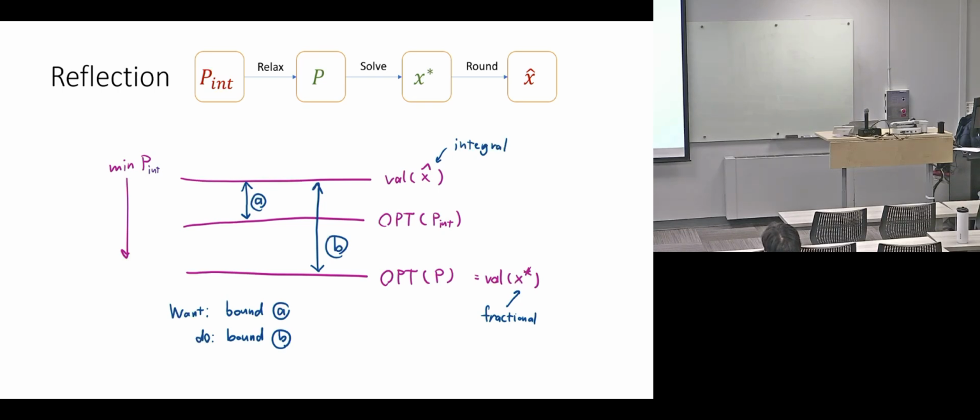But what we really need is just to bound the gap between the IP and our integral solution. We need to bound this, but we do something stronger. And the reason that we do this is basically because the LP is something that we have solved, we can analyze it, it's easy to reason about.